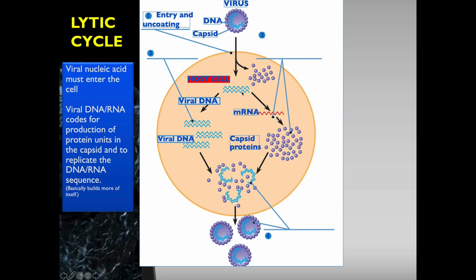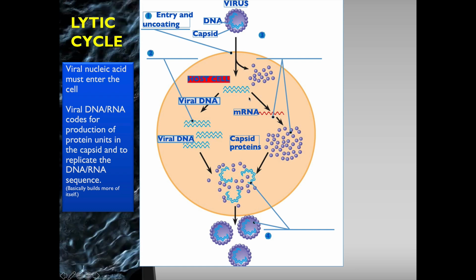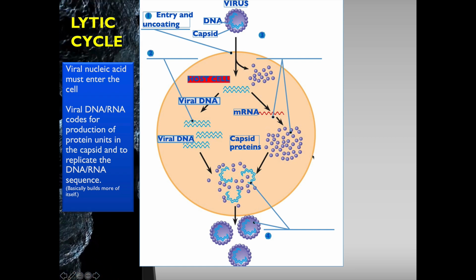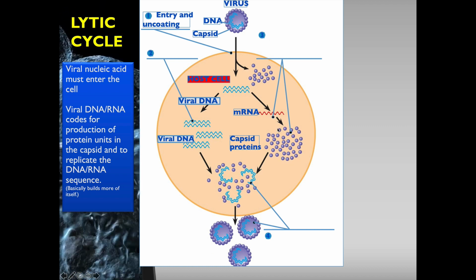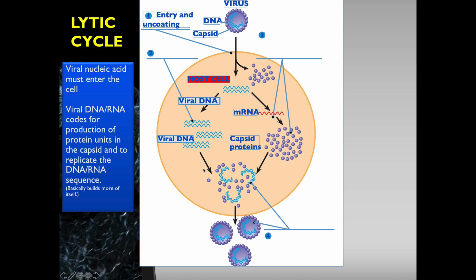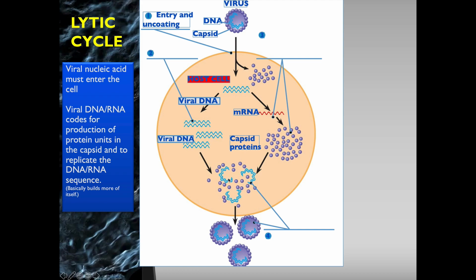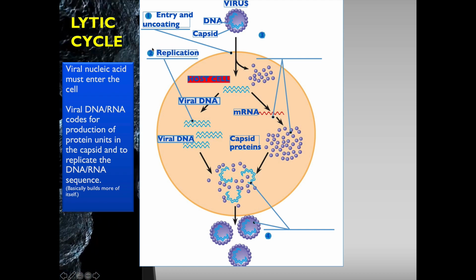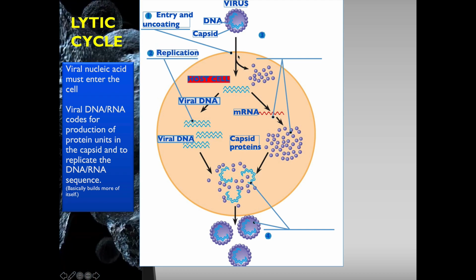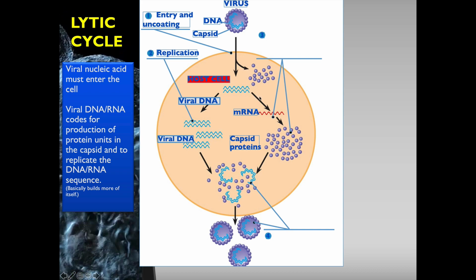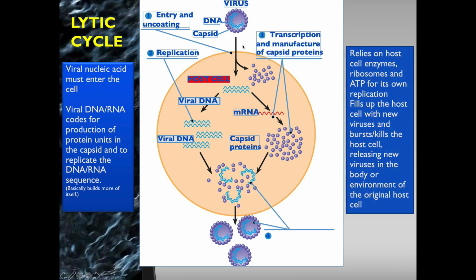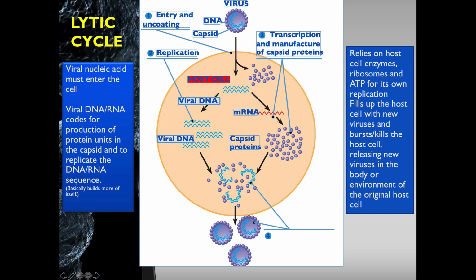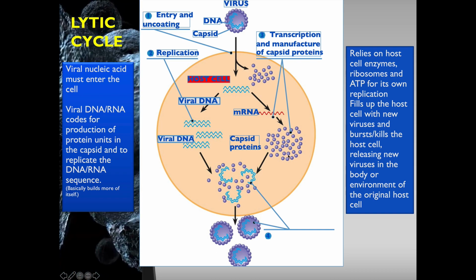Meanwhile, mRNA that's copied from the DNA will cause new protein capsid pieces to be built for ultimately putting together new viral particles. So step number 1, entry and uncoating. You can see it's come apart, uncoated itself. Number 2, we have replication. Number 3, transcription and manufacture of capsid proteins.